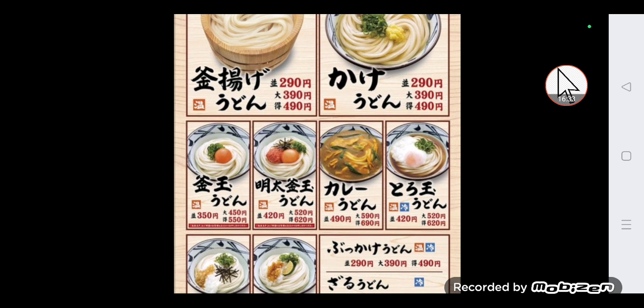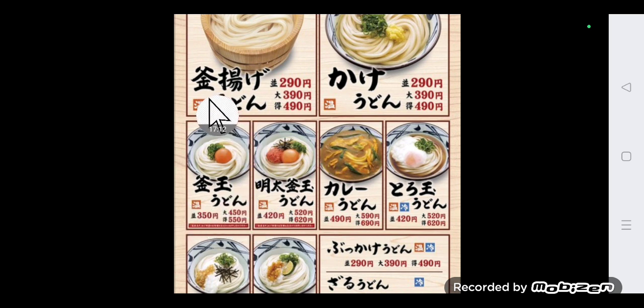Here we have meals in Marugame: kamaage udon, and you can see the prices, three prices, because of the sizes. We have the small serving, and the large 490, and a bit bigger than the normal size. So if the serving size is larger, you can expect a larger price. This is kamaage udon, this is kake udon, this is kamatama udon.